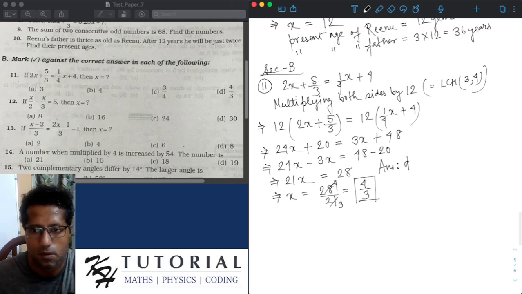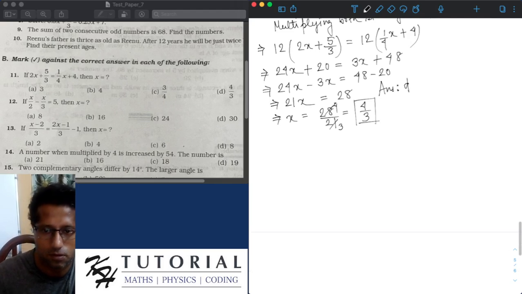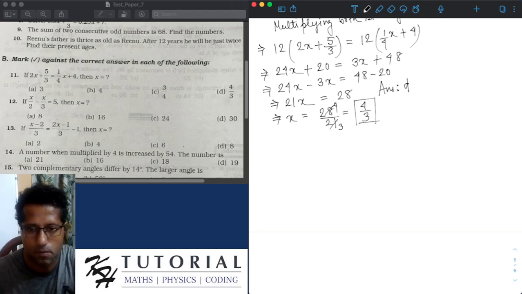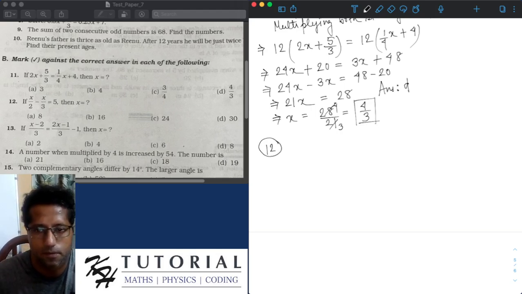Okay. Question number 12 is also solving a linear equation, and the linear equation given is x minus 2, x by 2 minus x by 3 equals 5.